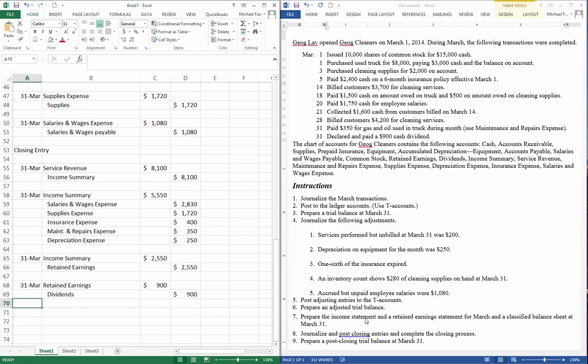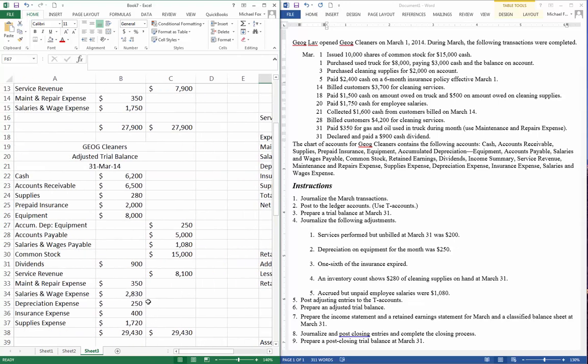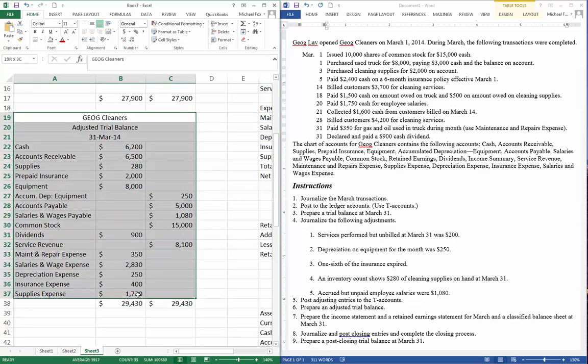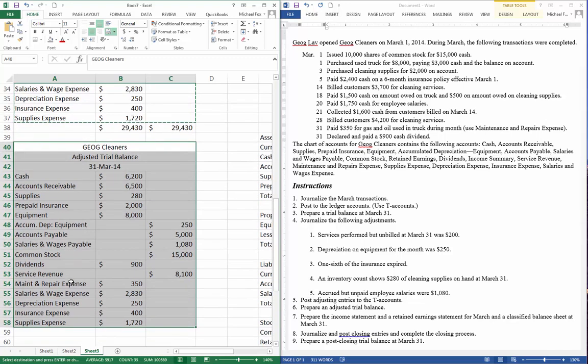Okay, so that was the closing entries, and now we have to prepare a post-closing trial balance. So let me go back to our trial balances here. So in essence, what we just did is we closed out all of the temporary accounts. So those are no longer going to show up on our trial balance. So what we're going to do is get rid of all of those accounts.